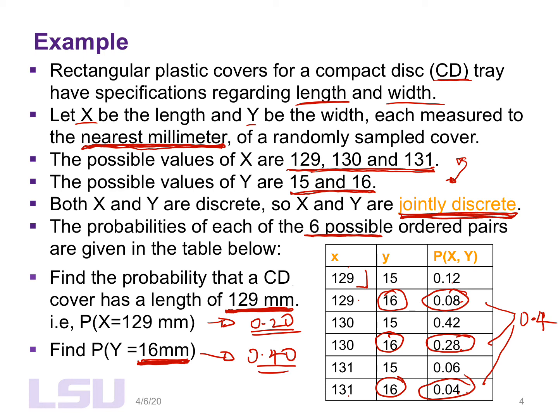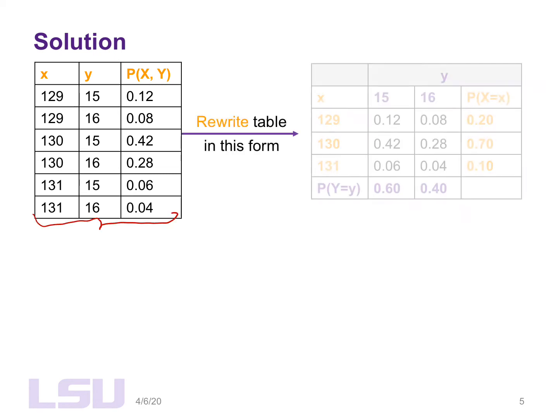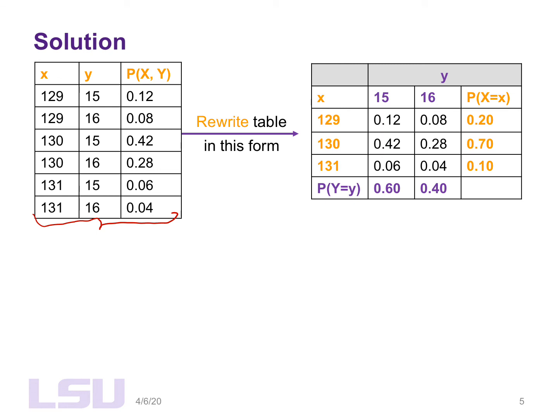Now to make it more intuitive, we can actually rearrange the table you're given in this form, which shows the length on the rows and the width in the columns. So width of 15 and 16 are shown in the columns. Lengths 129, 130, 131 are shown in the rows. So when you're looking at this value, for instance, it has y of 15, x of 129. This is y of 15, x of 130.